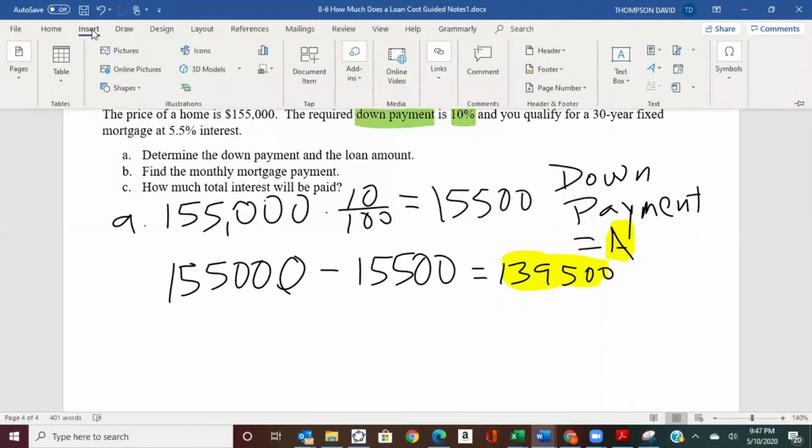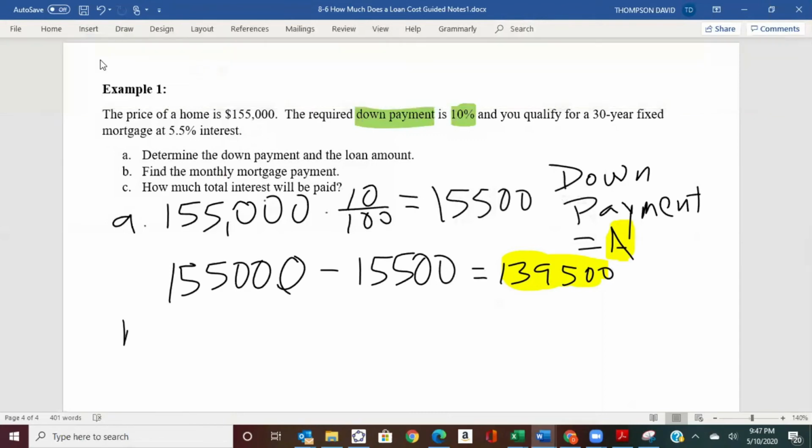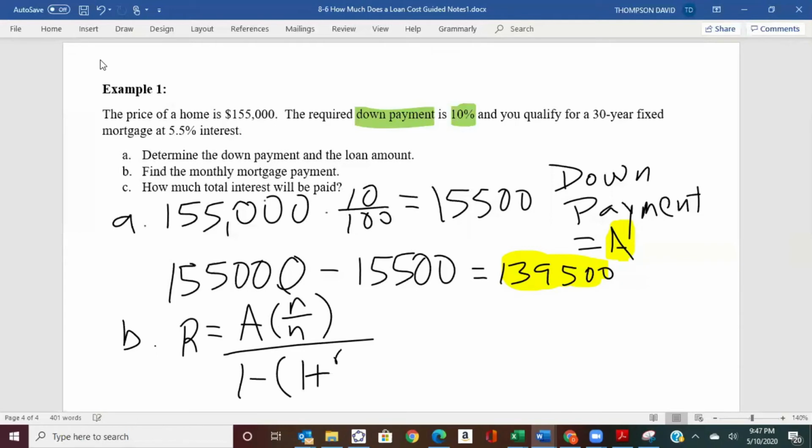Next, we want to figure out how much our monthly mortgage payment is. So we're going to use the formula R equals A times R over N, all over 1 minus 1 plus R over N to the negative NT.